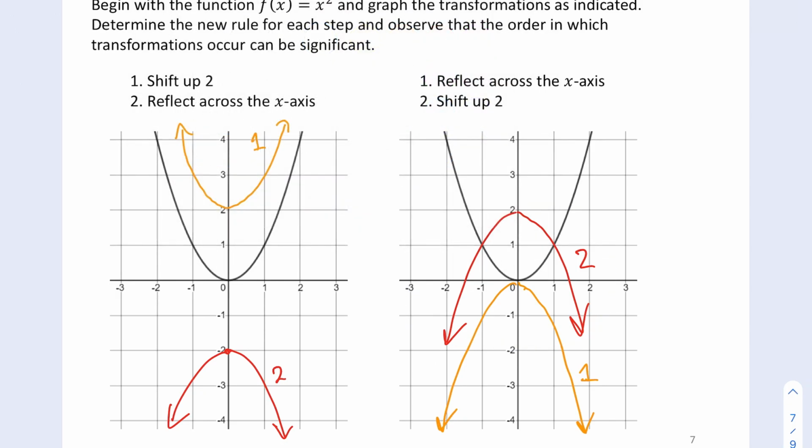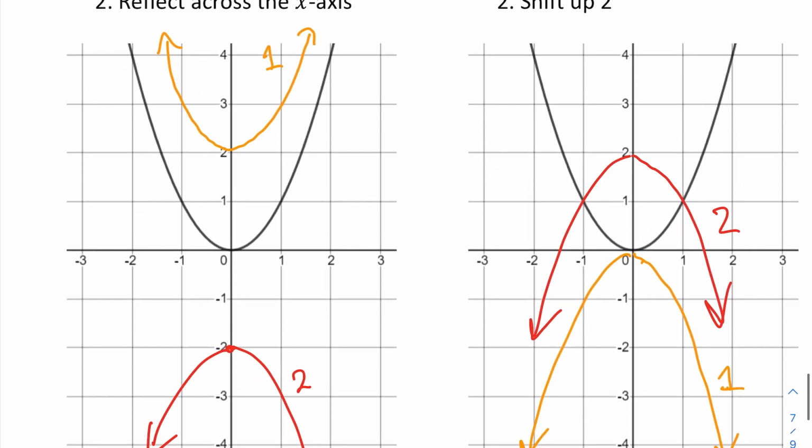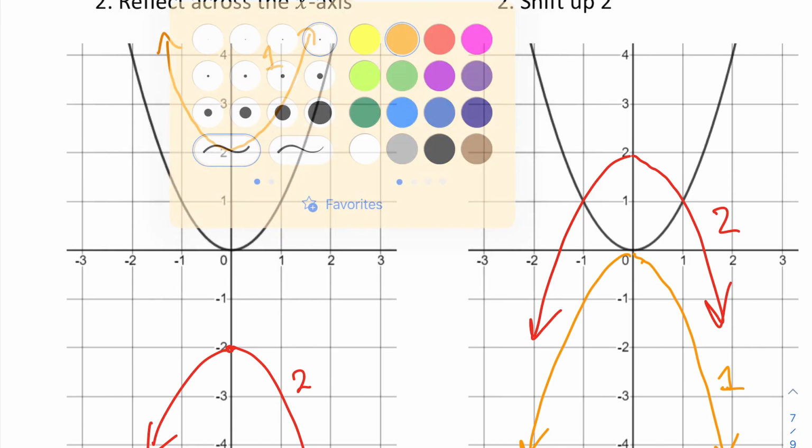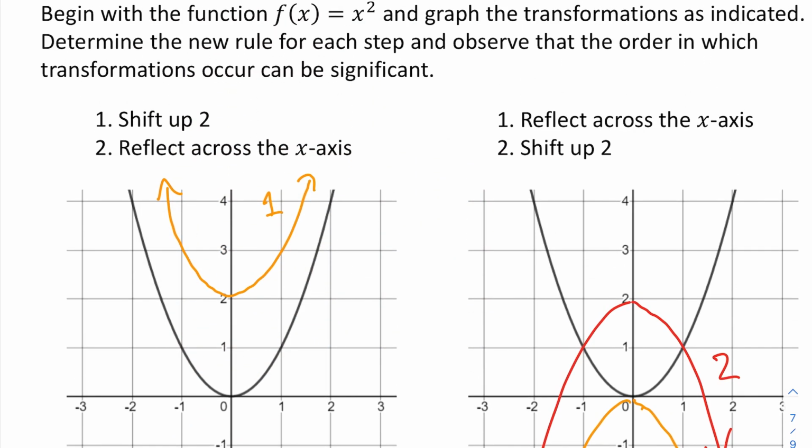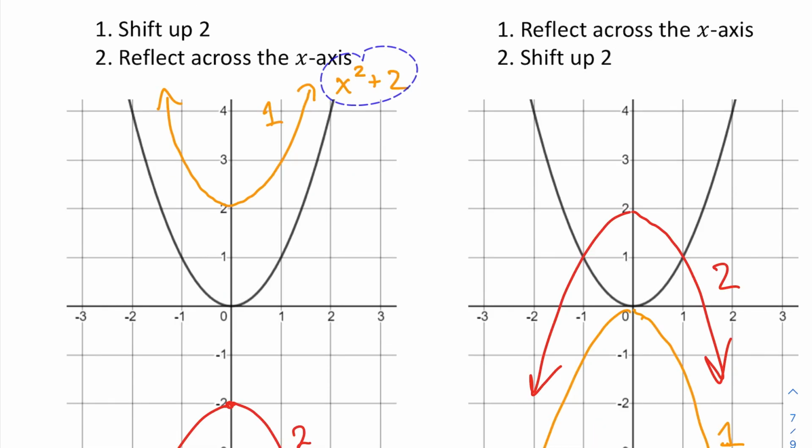Now in the first case, let's show you what the rules would be for each color along the way. If I started with x squared and I shifted up 2 first, then this orange one is x squared plus 2. That is the rule for the orange. I'm going to get rid of these step numbers. I don't want that to be confusing.